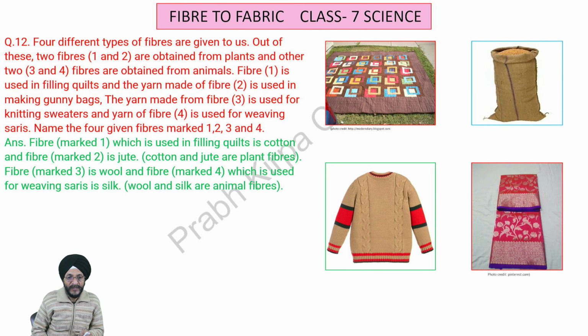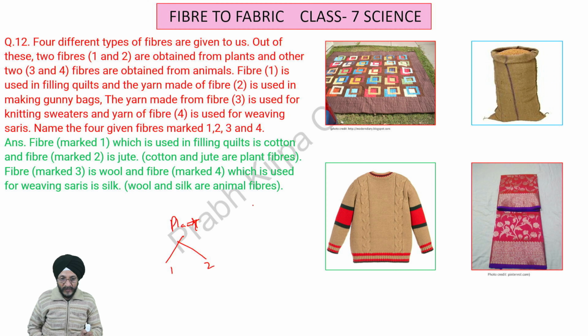Next, four different types of fibers are given to us. Two fibers are obtained from plants, and the other two are obtained from animals, which are numbered third and fourth. The first fiber is used in filling quilts.